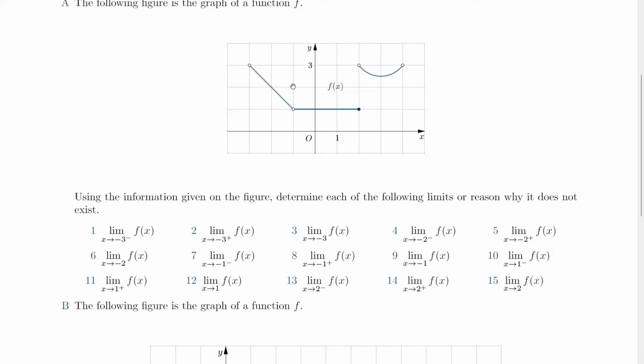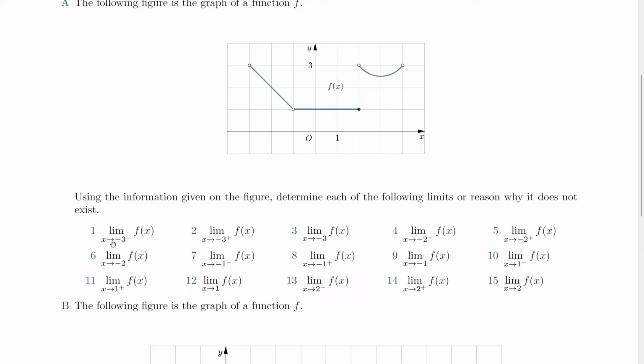So the left limit is 2, the right limit is 2, so immediately I can conclude that the two-sided limit is also 2. So number 6 is 2. Whenever all these numbers are the same, it means nothing strange happens there. The function is continuous there, because all these values are matching. Is that clear? It's important.